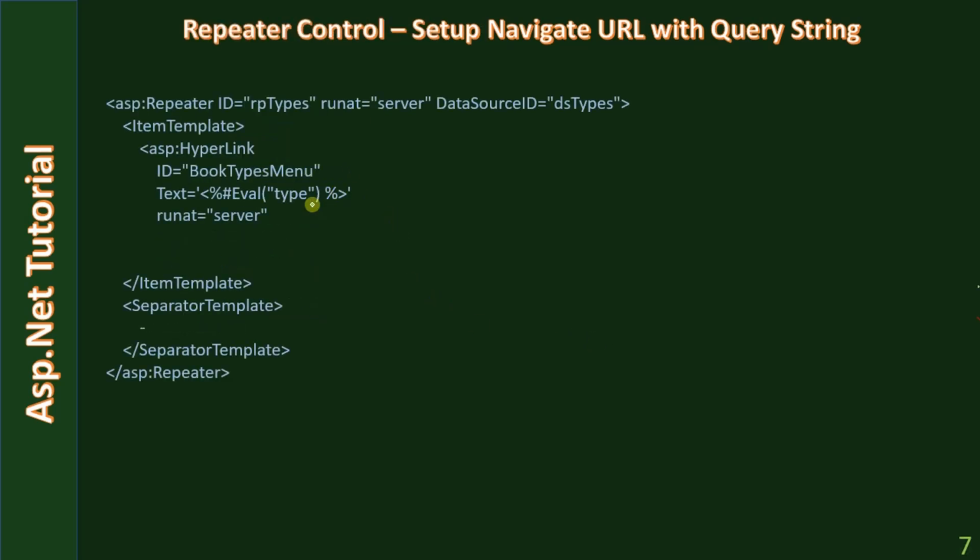As part of a previous video, we had this separator template and we have the hyperlink also ready, right? The hyperlink text takes from the evaluate expression, and from the data source it will read the type and display the content. So hyperlink text is evaluated at runtime.